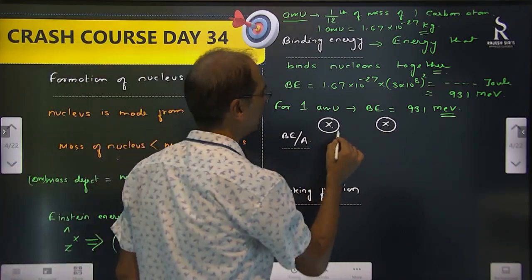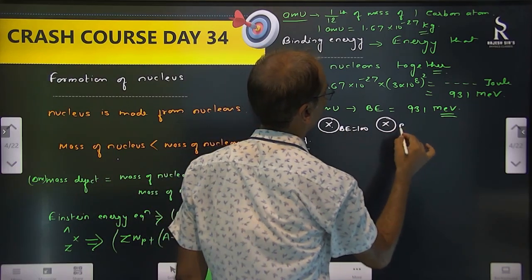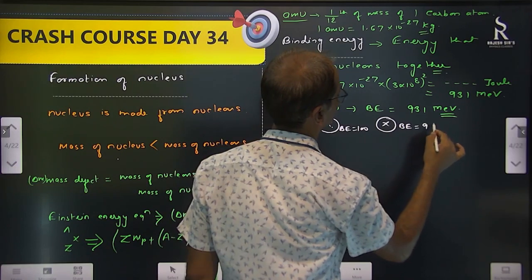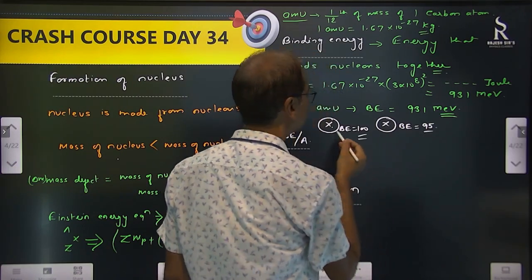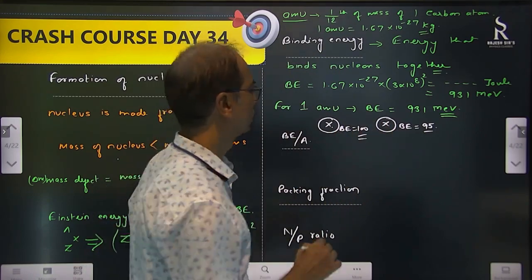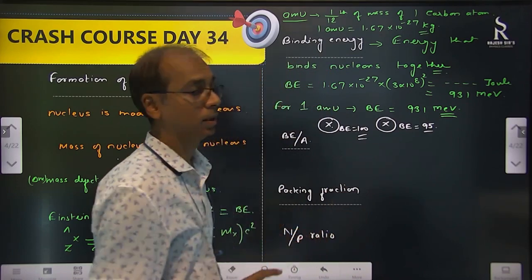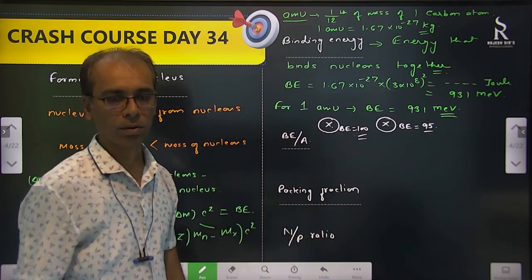But in this one, binding energy is 100, and in this one binding energy is 95. Which is more stable? Say first one. Binding energy is more, so it is more stable. So binding energy more means more stability, yes, if you are talking about the same element.